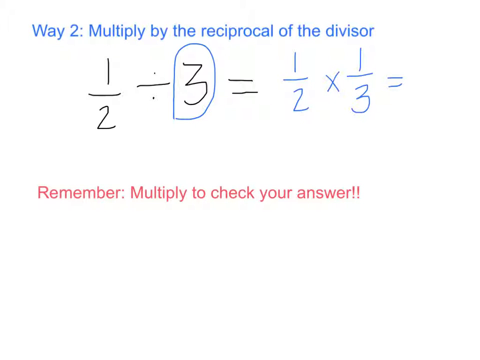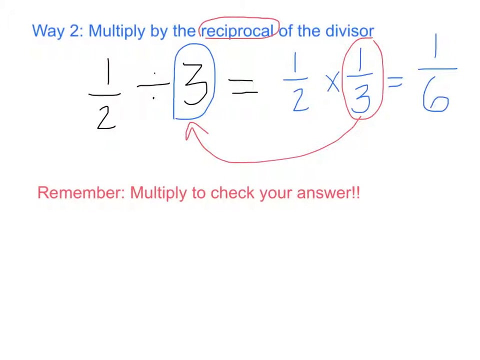Do you see how 1/3 is the reciprocal of 3? Can we do 1/2 times 1/3? Let's multiply the numerators first. 1 times 1. And let's multiply the denominators. 2 times 3 is 6. So how big of a piece does each person get? 1/6 of the whole pizza.